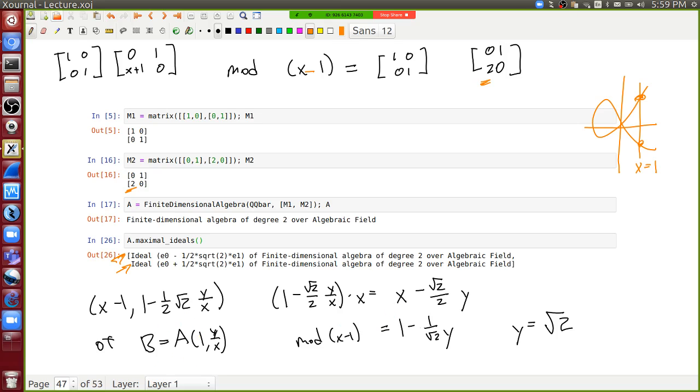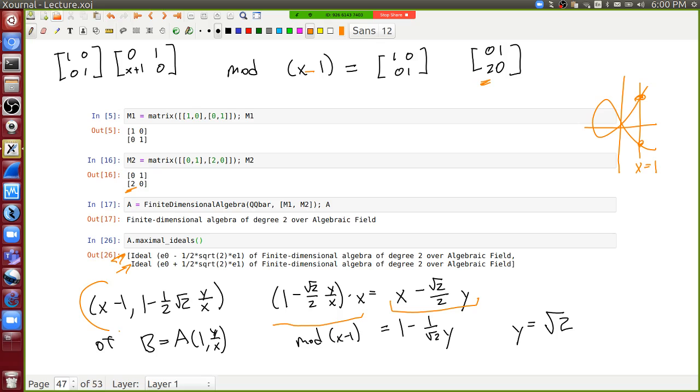Then I can just substitute in and find that, like this one here, 1 minus square root of 2 y over x. I took the second generator and multiplied it by x, because I can stay in my ideal by multiplying by anything in my ring. I got this expression here.